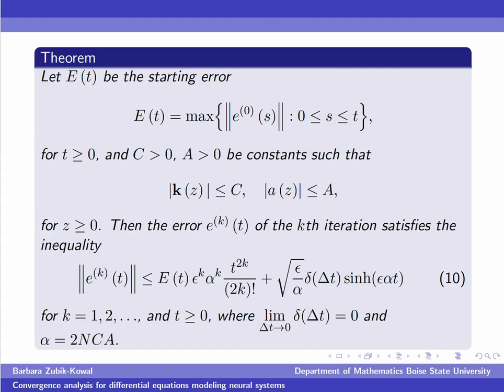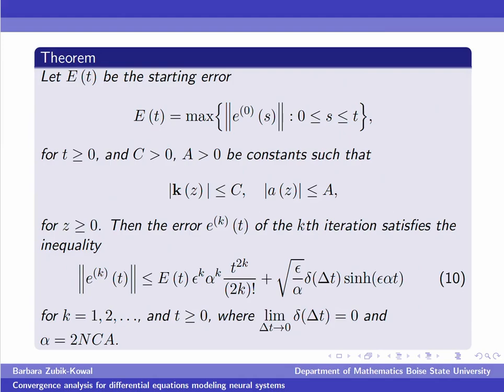Here in this theorem, we assume that the kernel is bounded by the constant c, and the function little a is bounded by the constant a. Now, the assumption about the boundedness of the kernel and the function little a is natural because in practical applications, they are bounded for all non-negative z.